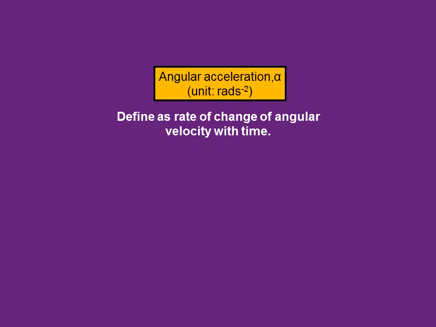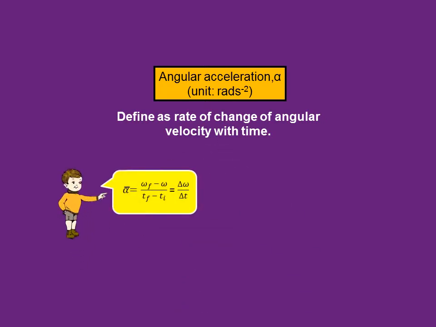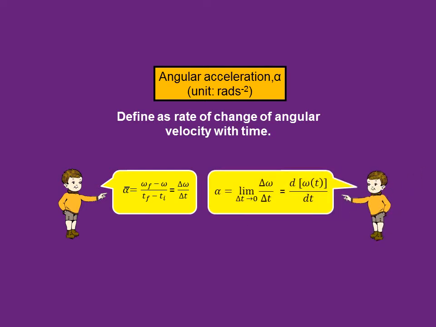The average angular acceleration of the disk is given by this formula. When the change of t approaches zero, the instantaneous angular acceleration, or simply angular acceleration, is given by this formula. Alpha can be obtained by differentiating omega with respect to t if the function of omega is known. The SI unit for alpha is radian per second squared.